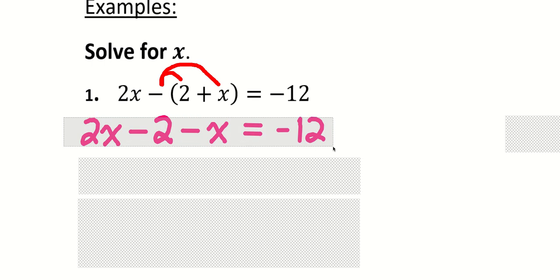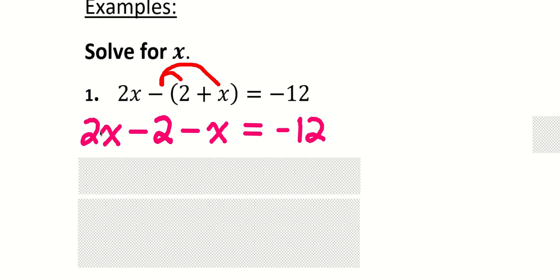Now, looking fresh at what we have, what would be the next thing you think we should do? Remember, you might have heard me say that you don't have to do a certain something next, but what I would have you do next is notice that there are like terms.